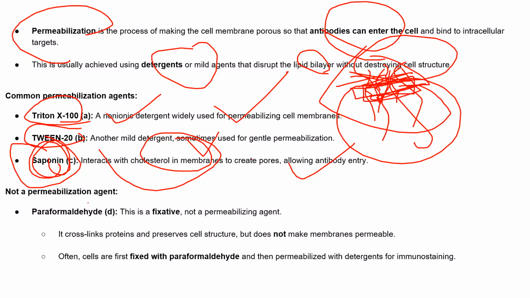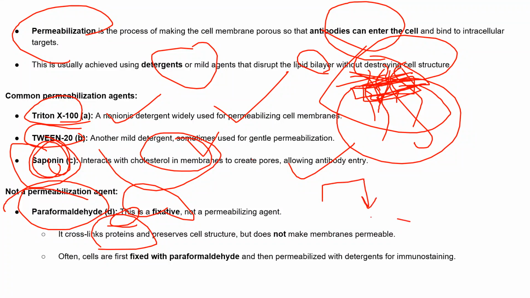But for option D, you guys were right, it is paraformaldehyde, because this is a fixative, not a permeabilizing agent. It cross-links the proteins. Why is fixation important? Because first we have to go for fixation, and only then permeabilization. It fixes all the proteins and preserves the cell structures.